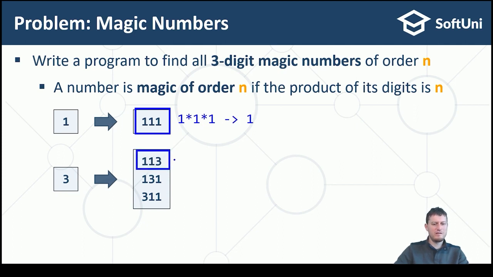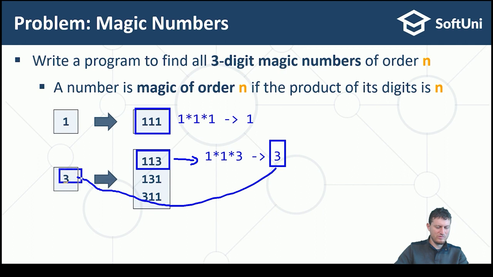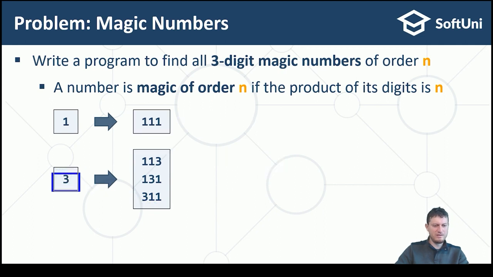This is 1 multiplied by 1 by 3, which is 3. And this 3 is the same like this 3. So we enter this, and we want to find all sequences of 3 digits, which means a number from 0 to 9, which when multiplied result in this number.